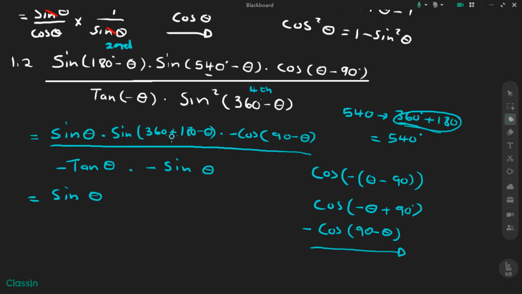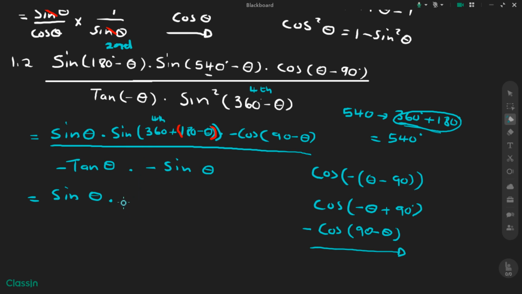Now, if we check, sine 360 plus, we take this as 1. So what is sine 360 plus? 360 is in the first quadrant. And in the first quadrant, what about cos?